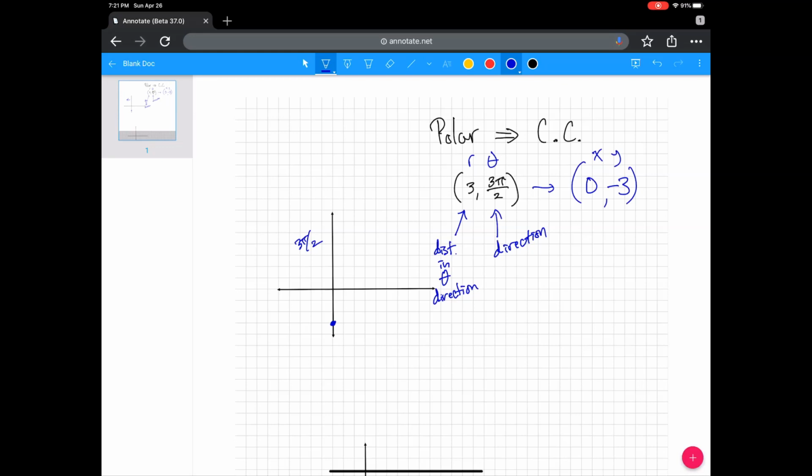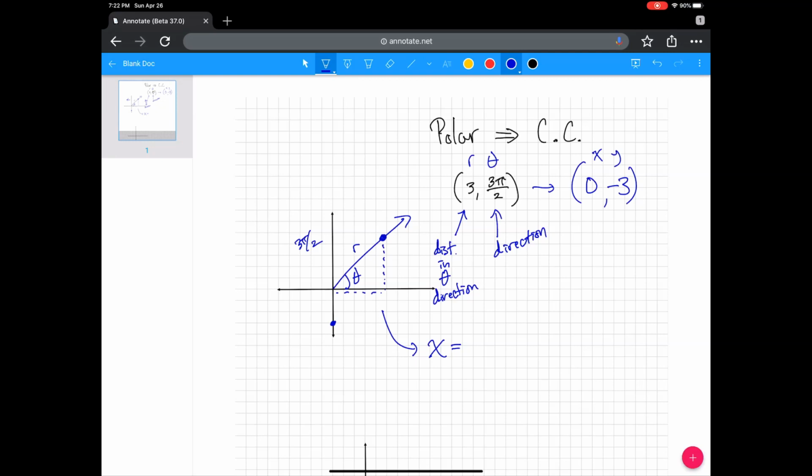Now, you can also imagine that if I have, in general, some particular point, and I have an r value and I have a theta, and I wanted to know the x value of that point, well, we can think of it back from our trig, that the x value is the value to the left and the right, and that we can use a cosine for the x value.